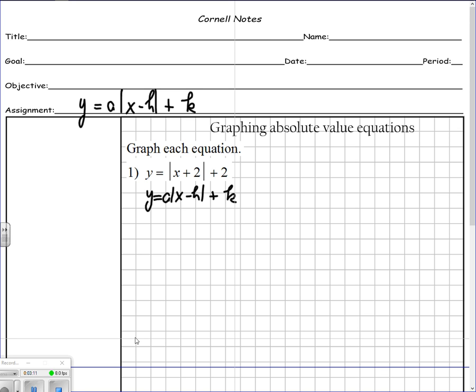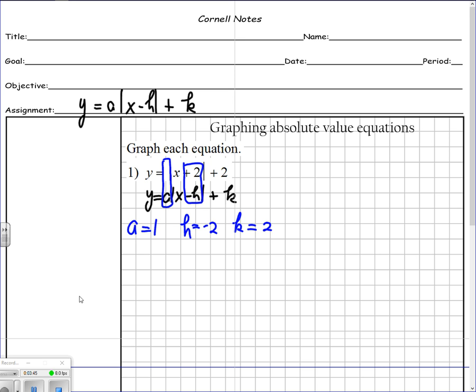This right here is the a value. Now there's nothing here, but there's a 1, so a is equal to 1. Now the h value: you want the opposite. The opposite of plus 2 is negative 2. And then the k value will be equal to 2.